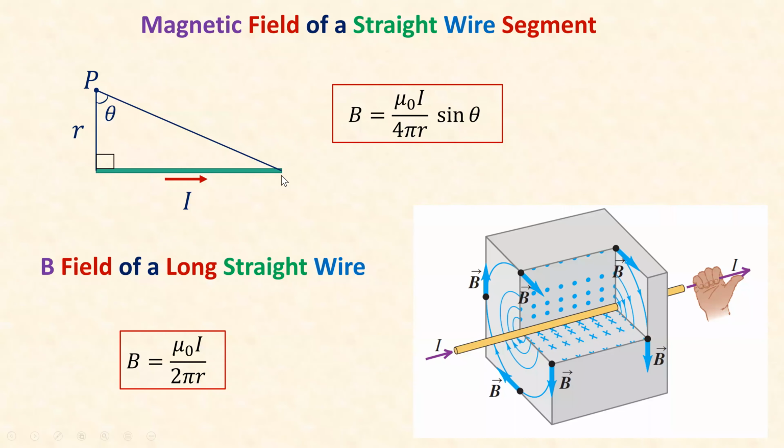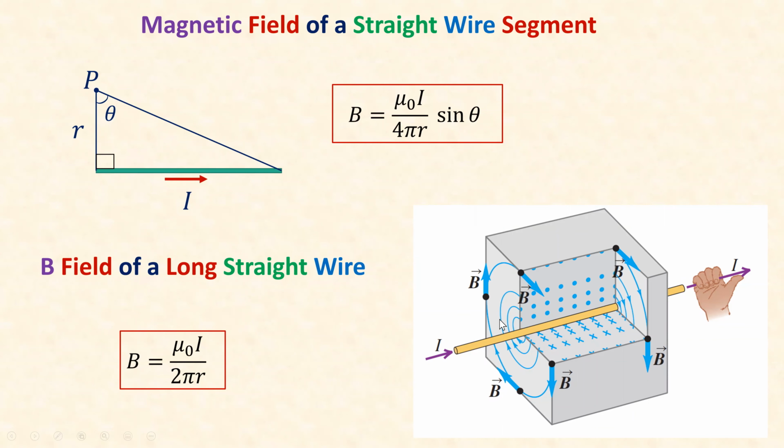If you let this become a semi-infinite wire, then sine theta becomes 1, and you get mu naught I over 4 pi r. And if you have an infinite wire, then you have twice that, which is mu naught I over 2 pi r, which is this.